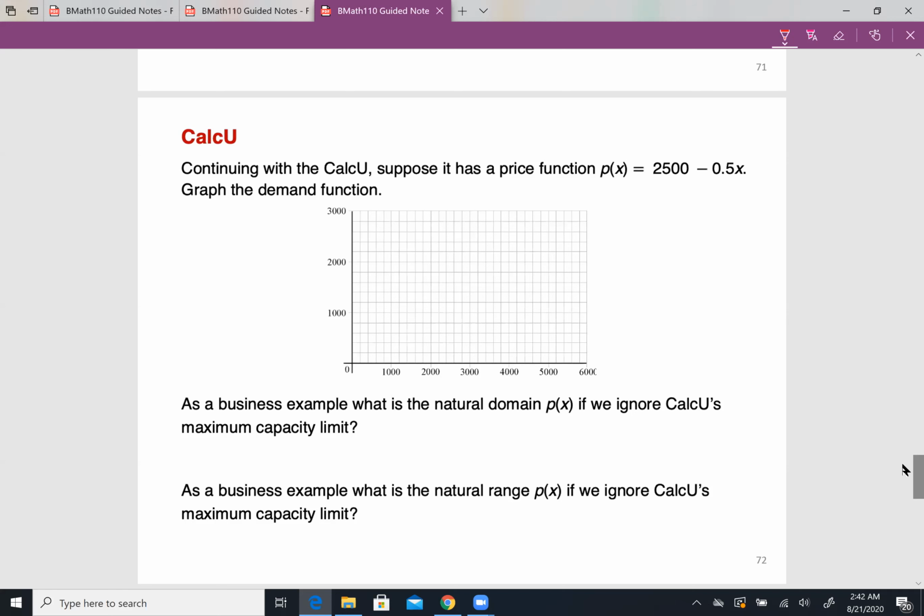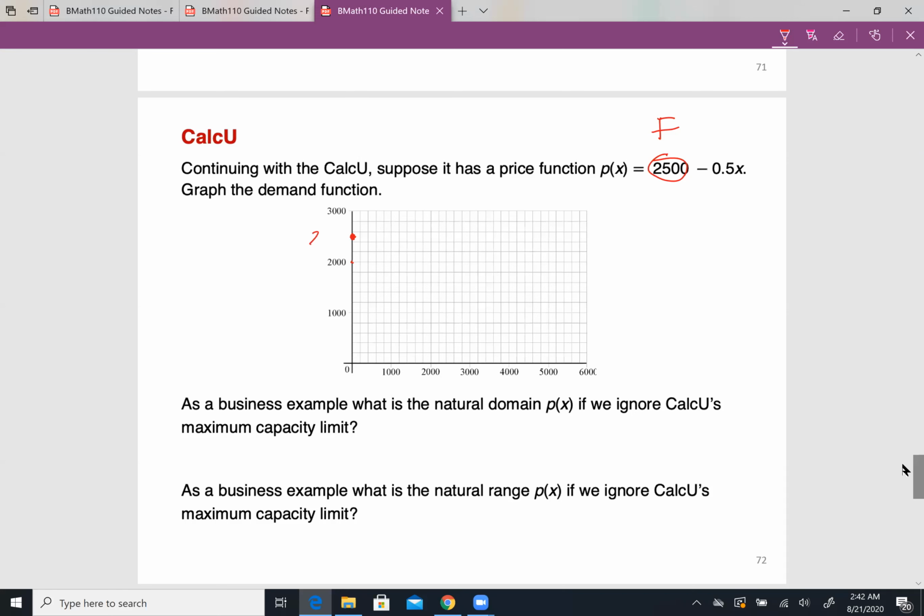Graph the demand function. At first, 2,500 is going to be the y-intercept. It is in between 3,000 and 2,000 here, so the middle one is this.